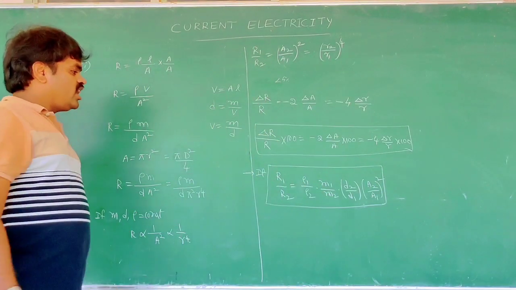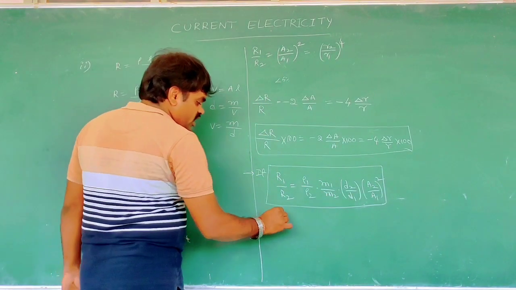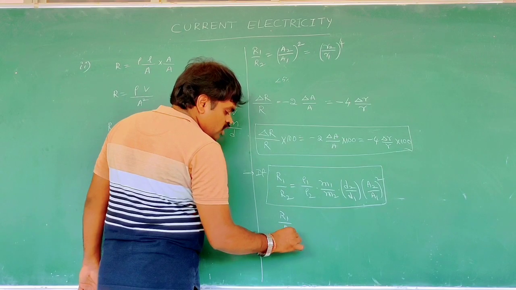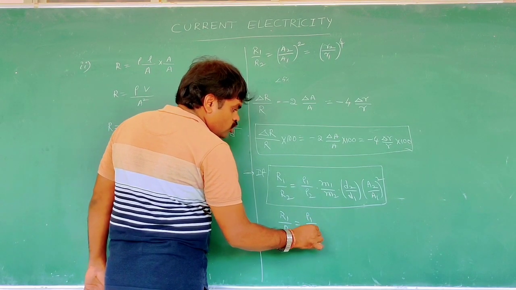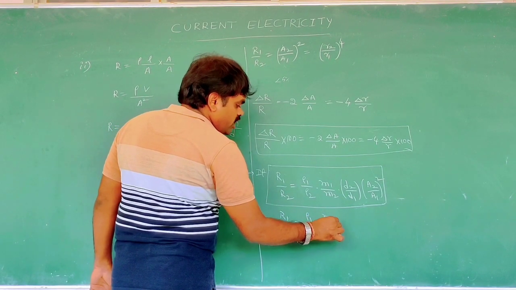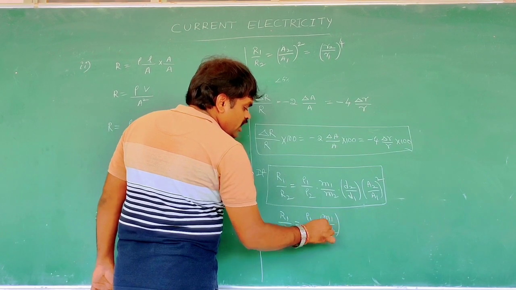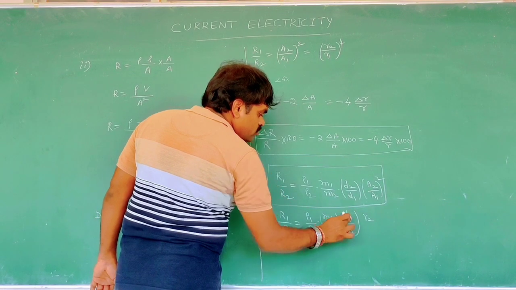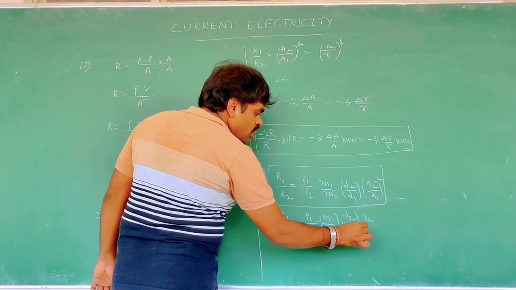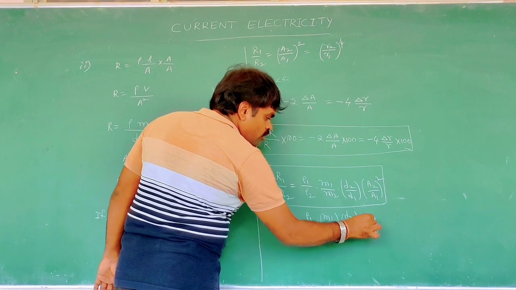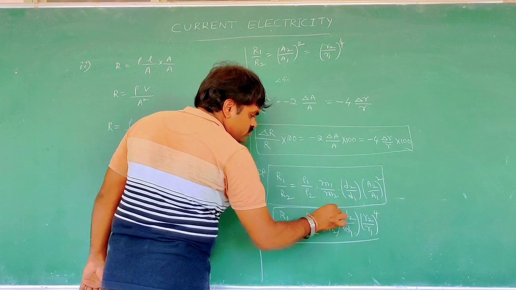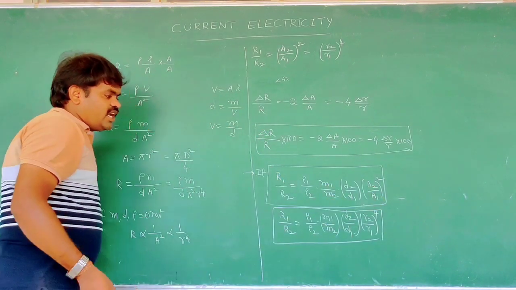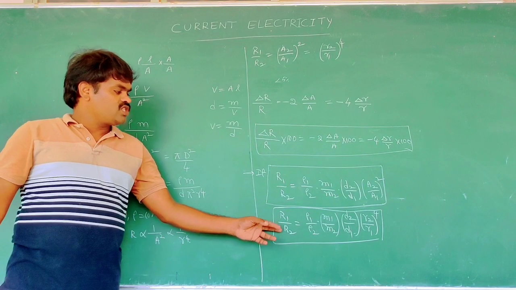In terms of radius of cross section, R1 by R2 is equal to rho 1 by rho 2 into M1 by M2 into d2 by d1 into r2 by r1 whole power of 4. Area is given by this, radius of cross section is given by this.